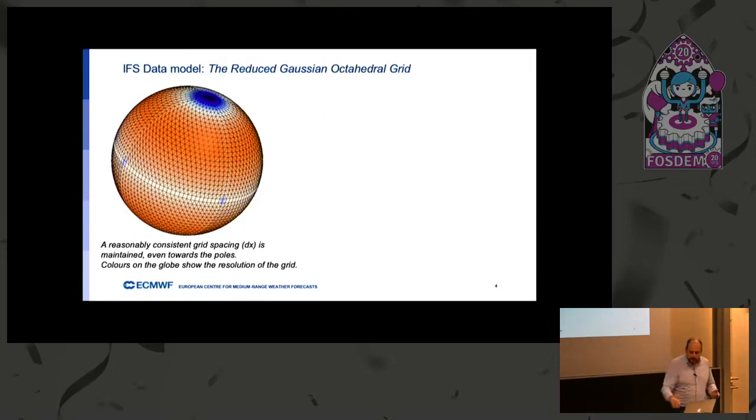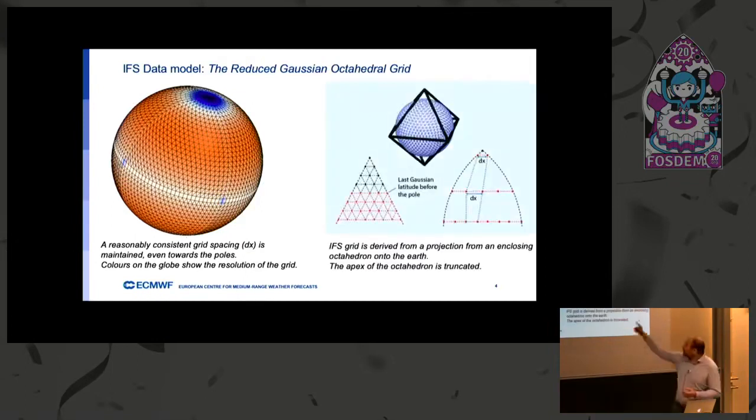Because it's essentially based on an octahedron that is just outside the Earth, and so we can somehow halve the number of points that we use for describing each layer of the atmosphere. Obviously, this is really helpful from the computational point of view, while all the geometric computation are somehow affected by the fact that we have to interpolate from this grid to the one that our user wants.